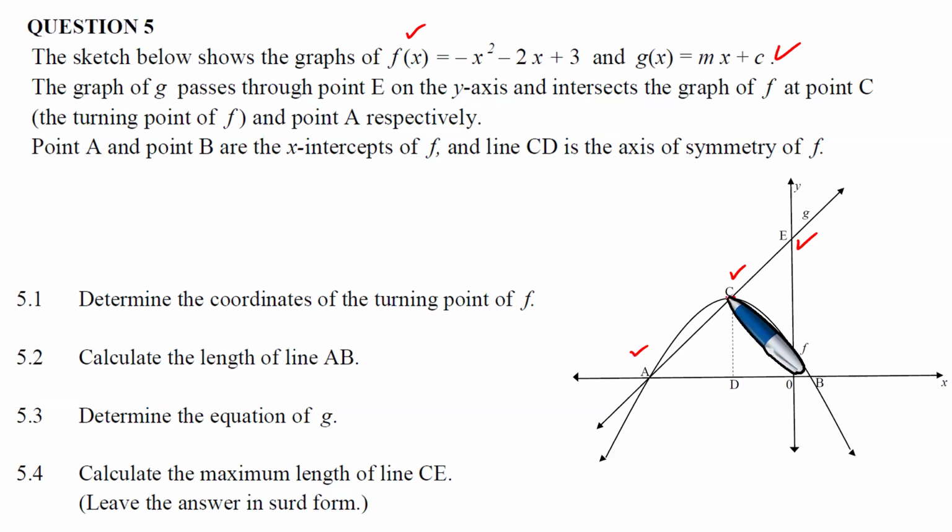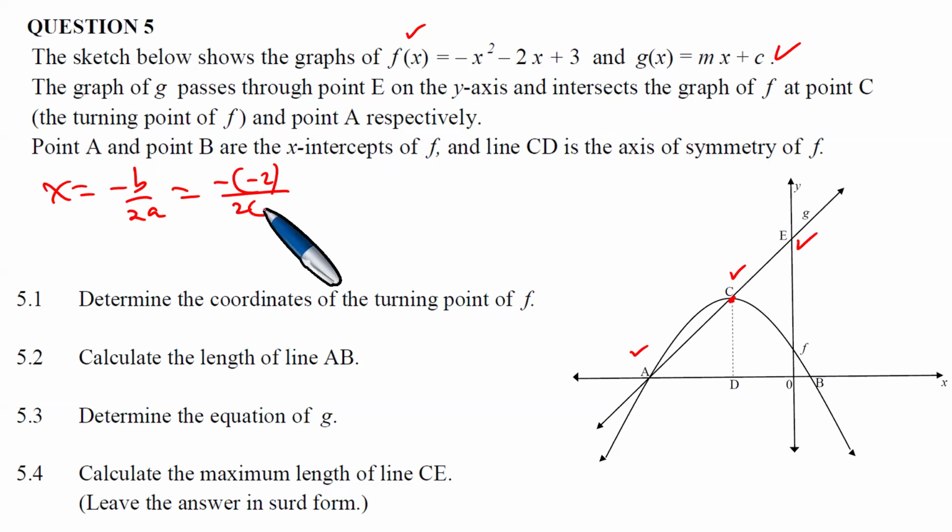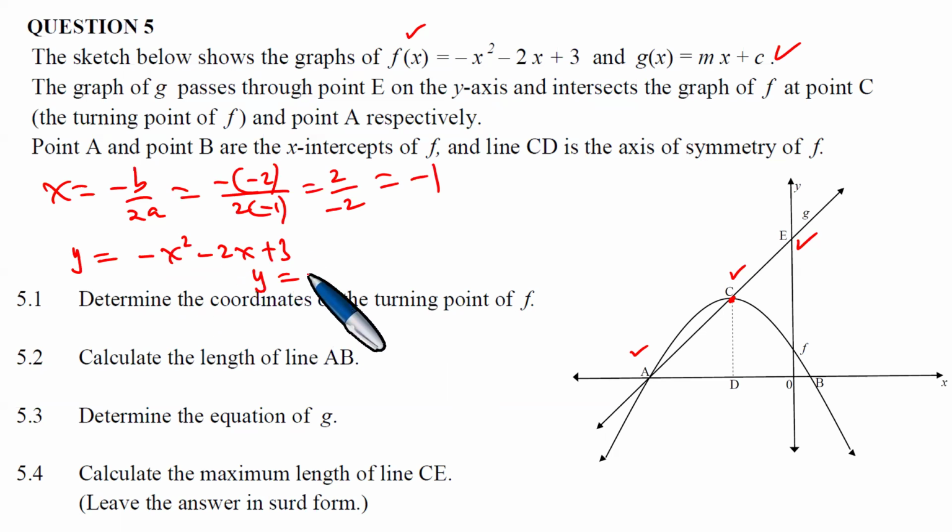So obviously here you want to find the turning point, and it is obtained by using the formula minus b over twice a. The b here is minus 2, over twice a, where a is minus 1, which is 2 over minus 2, which is minus 1. Then y equals minus x squared minus 2x plus 3, so y is minus (minus 1) squared minus 2 into minus 1 plus 3.